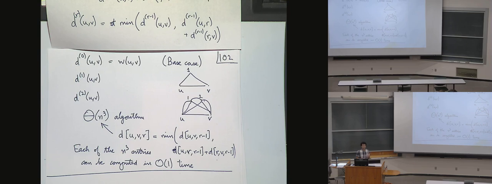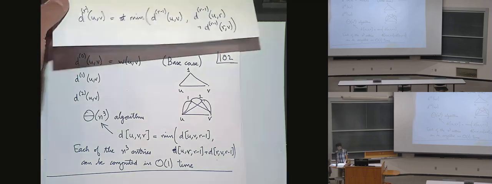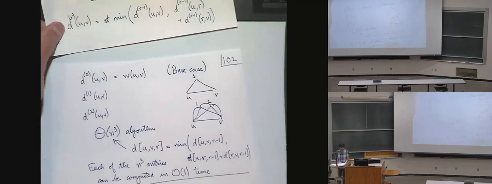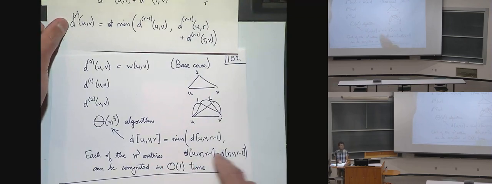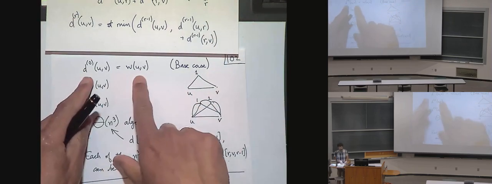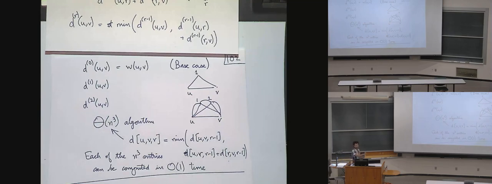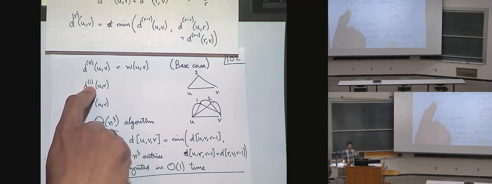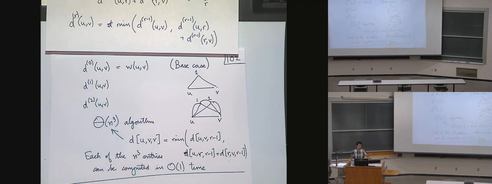How do we pick these intermediate vertices? They're just labeled. Think of it as, you build a graph, you've labeled the vertices 1 to n. You don't have to do anything other than just keep running this recurrence, doing this update. One way to look at it: in the base case, you're just saying take one edge. When you do D1, you are also allowed to go via the vertex labeled 1.